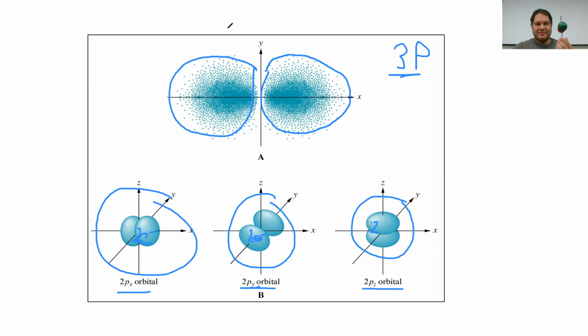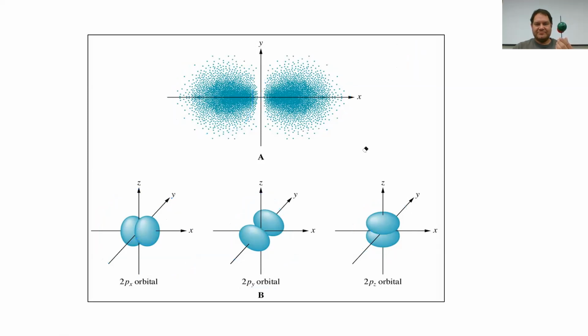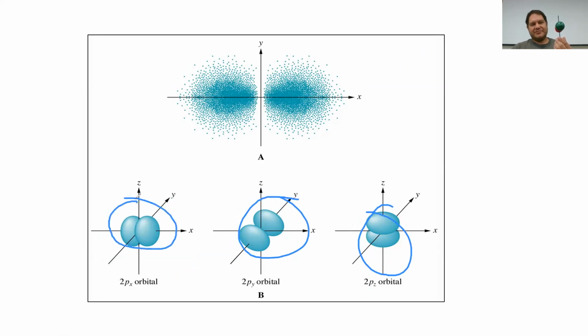I can't even do this very well. Actually, let me just clear everything, okay? So you can have 2 electrons here, 2 electrons here, and 2 electrons here, okay? That gives us a total of 6 possible electrons in these p orbitals total, okay?